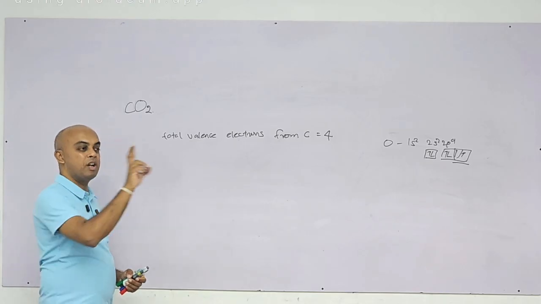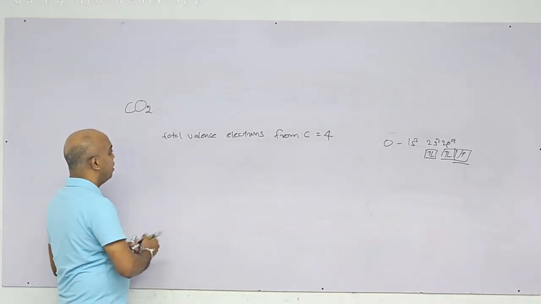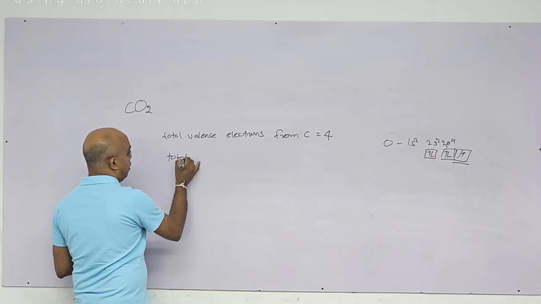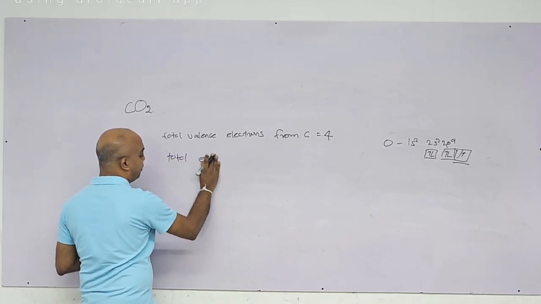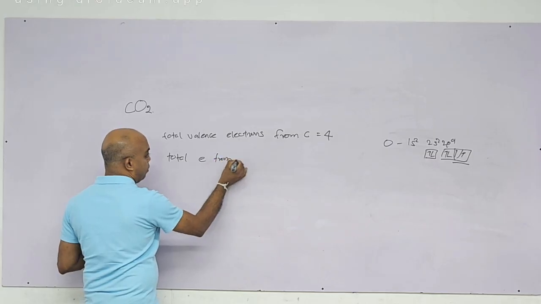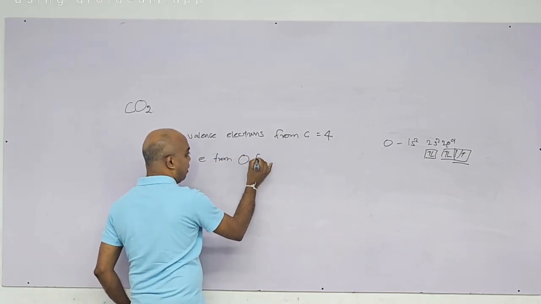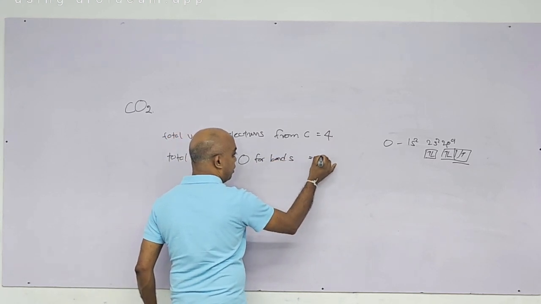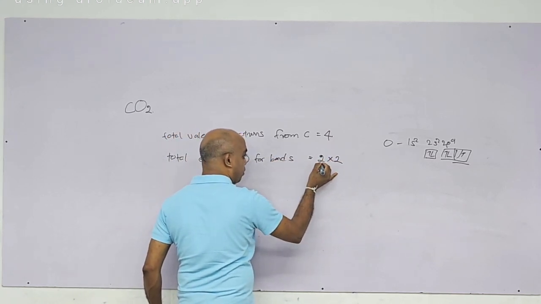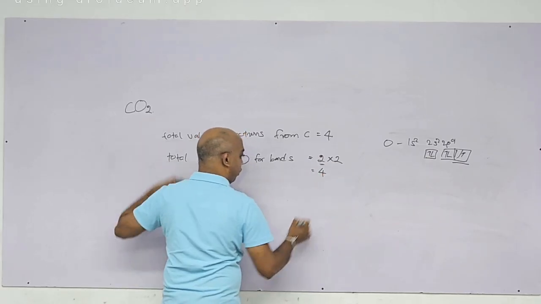One is giving out 2 electrons, 2 is giving out 4. Right? So total electrons from oxygen for bond creation, that is 2 into 2. 1 is giving out 2, we have 2 oxygen atoms, that is 4.